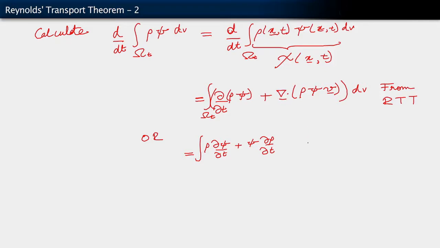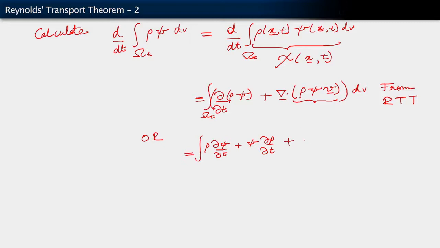That second term I'm going to combine. We have a product in the second term involving rho, psi, and v. I'm going to group that so that rho and v are together and psi is treated as a separate function. So I'm going to write that again by applying the product rule of differentiation, which applies to any type of derivative, including the divergence.